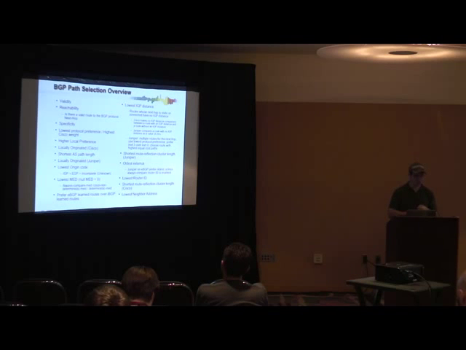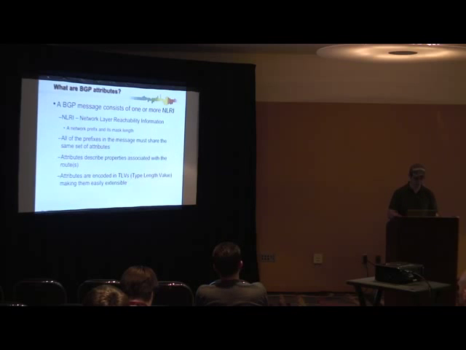Prefer eBGP learned routes over iBGP learned routes. Lowest IGP distance to the protocol next hop. Shortest route reflector cluster length if you're on a Juniper. Oldest eBGP path. Lowest router ID, shortest route reflection cluster length on Cisco, and lowest neighbor address.